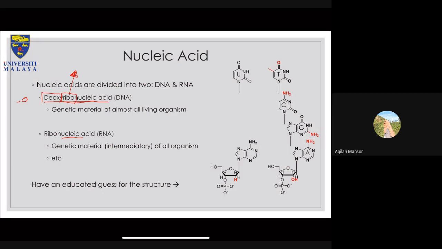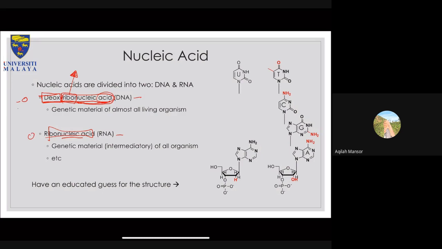And nucleic acid, you know that is an acid. As simple as that. So just by the naming, if you compare a DNA and an RNA, you should know that RNA has an extra O. DNA does not have the extra O.